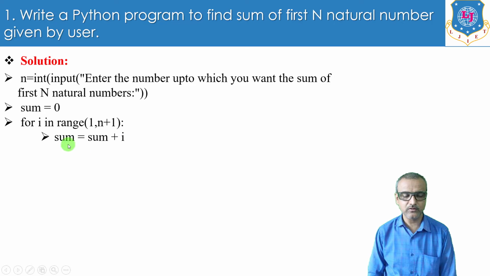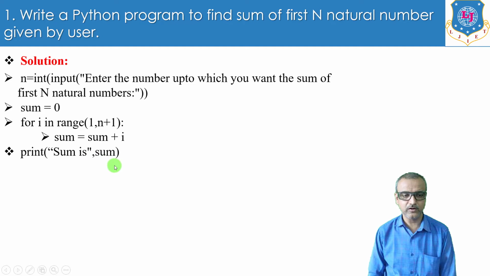Now 3 will be stored in the variable sum. This process will be repeated till the value of i equals 5, and finally we will have the addition of all the values from 1 to 5. At last we will print the sum.